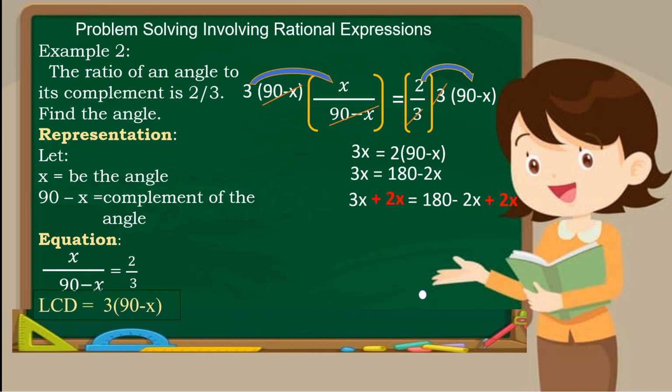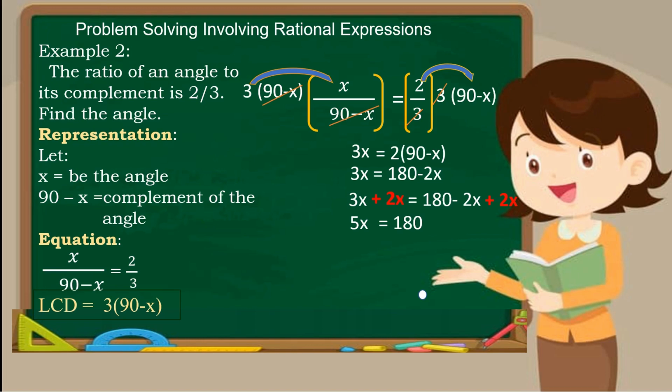Mag-plus 2x ka din dito sa ibang side ng equation by addition property of equality. So, this 3x plus 2x will be 5x equals 180. Okay, this becomes negative 2x plus 2x will become 0. Okay, yung sum nila ay 0. Yun ang dahilan na nag-add tayo dyan, di ba?